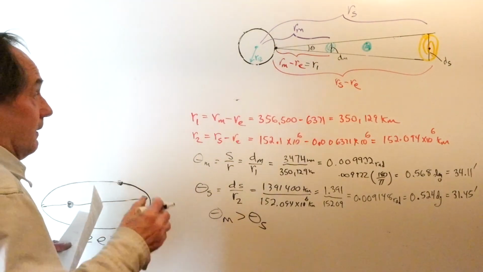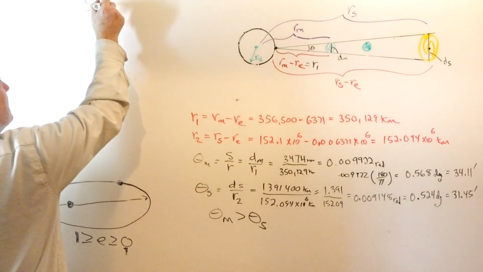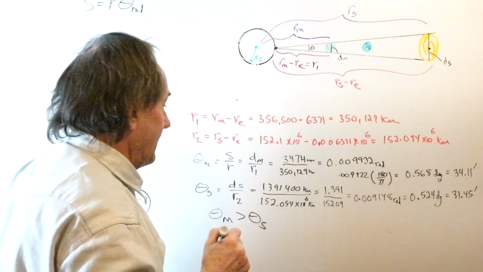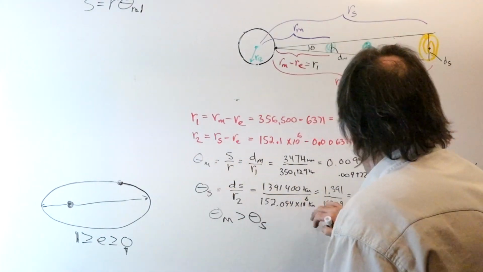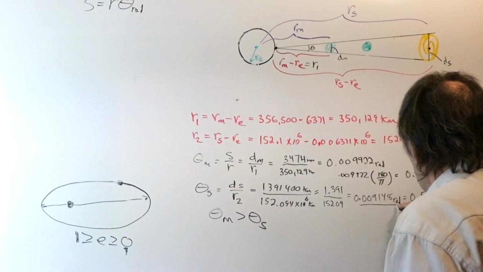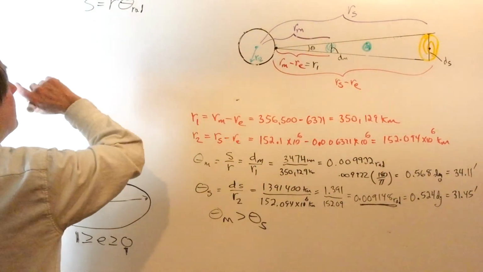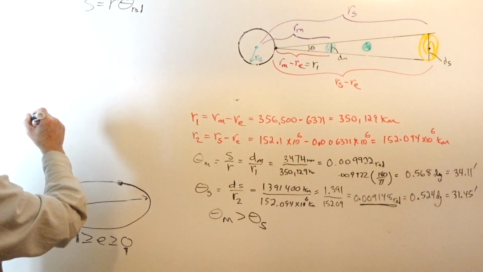So, using our equation, S equals R theta, remember theta has to be in radians. So we have to choose the angular size of the moon to be that of the sun in radians. So that's the number we're going to choose.